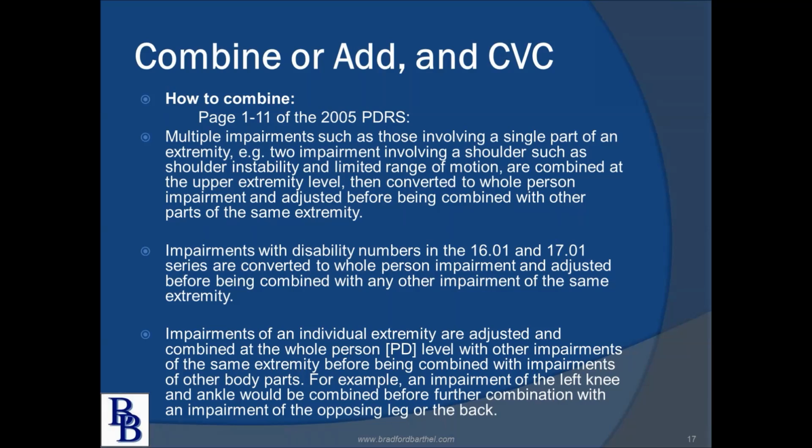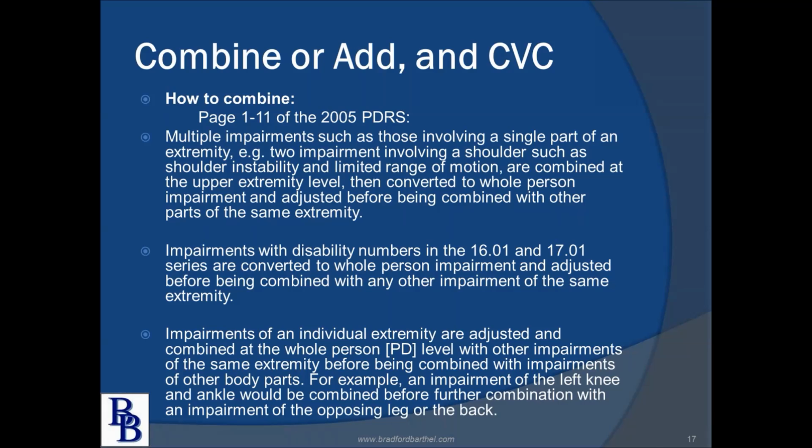The same goes for the lower extremity. If we have arthritis and a meniscectomy impairment for the same knee, we would combine those at the extremity impairment level. Then it's converted to a whole person impairment, and we adjust with the rating string. We only adjust whole person impairments.